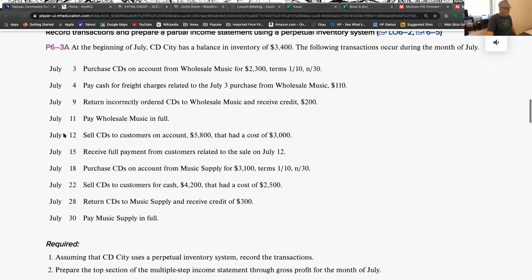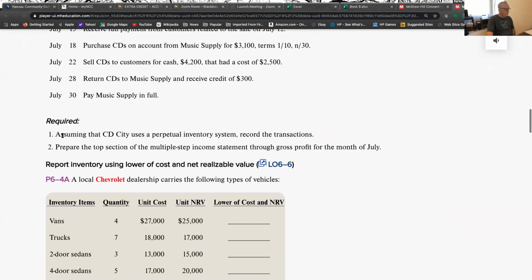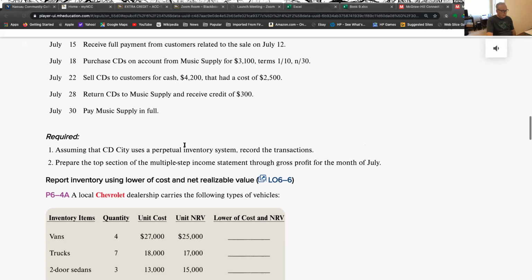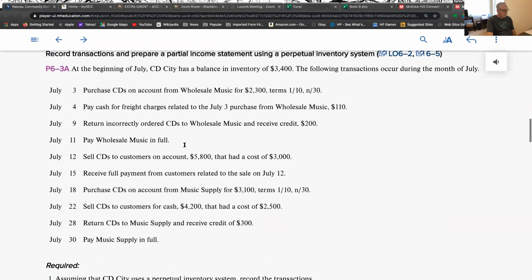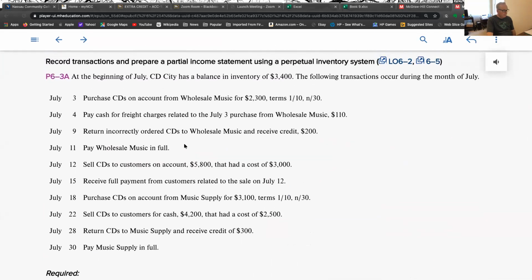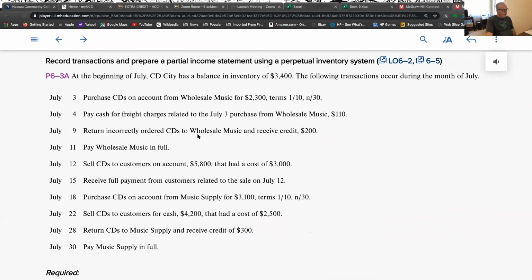Okay, now look what they want us to do. Look at the requirements. Assuming that CD City uses a perpetual inventory system, record the transactions, and then prepare just the top part of the income statement up through gross profit. At the beginning of July, CD City has a balance in inventory of $3,400.